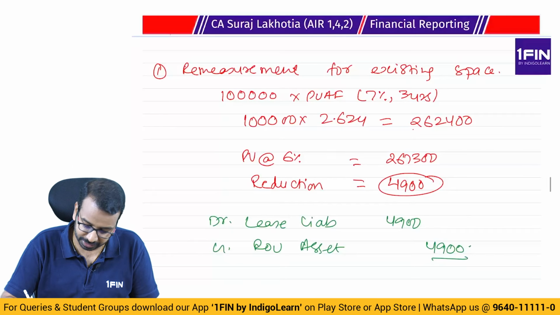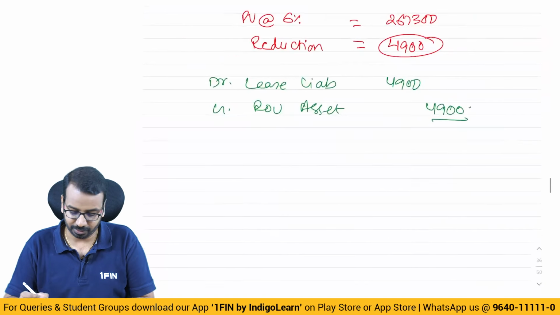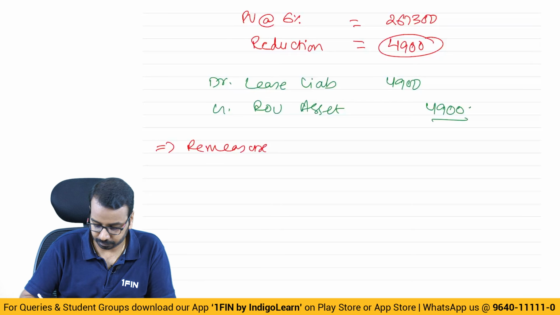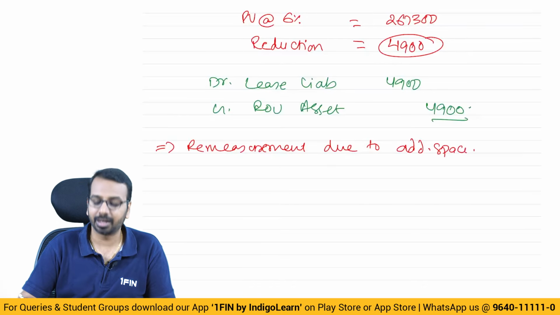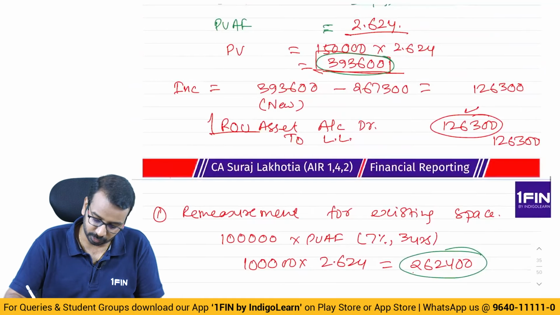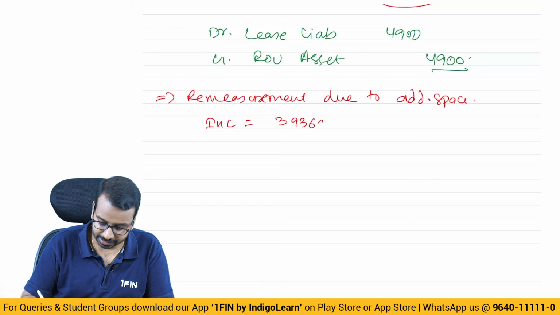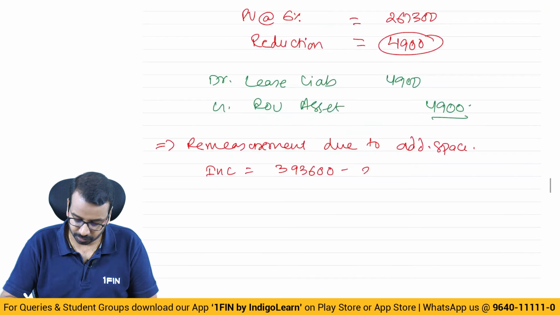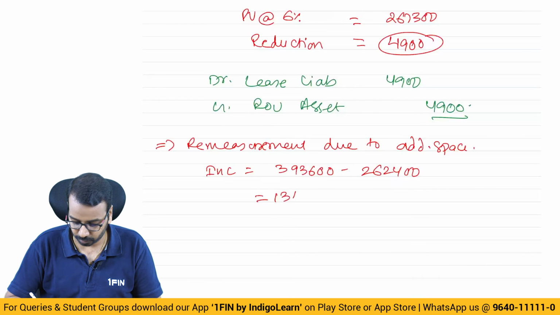Then what we have to do? This 262,400 we have to compare with our new liability 393,600. So, remeasurement due to additional space. We already know the amount, 393,600. So the increase is 393,600 minus 262,400, which is 1,31,200.